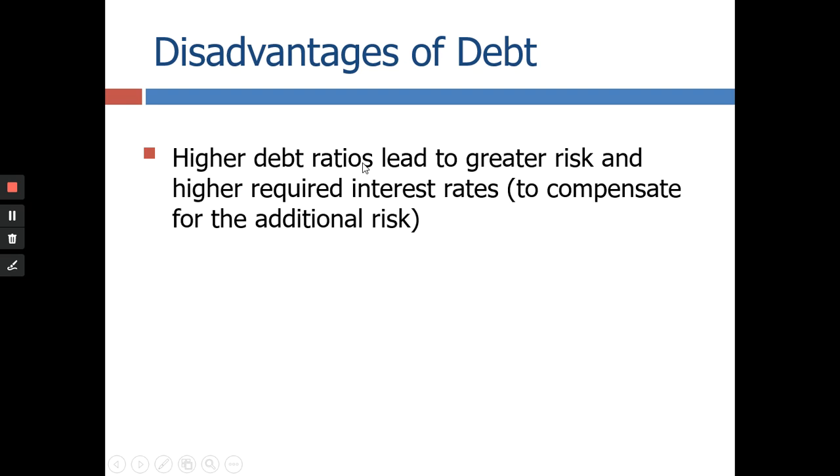Higher debt ratios lead to greater risk and higher required interest rates to compensate for the additional risk costs, right? So class, when you compare the advantages of debt with equity, I say debt has a tax benefit. The interest you pay is tax deductible.